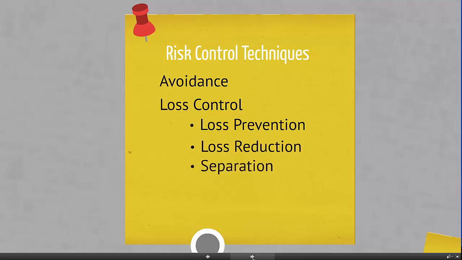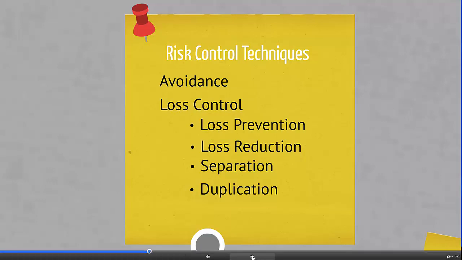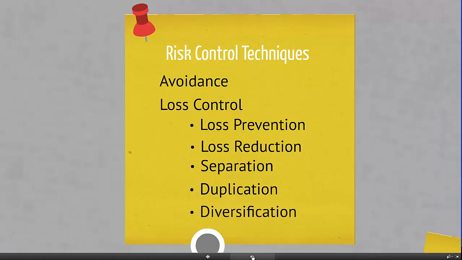Also, there's separation, which is separating two important assets or activities. Duplication, which is having two different ways of doing the same thing or two different items of equipment or assets that can be used to do the same thing. And diversification, where you have different activities so that if one activity is damaged or destroyed or becomes unprofitable, you have other activities that are profitable that can counteract that.